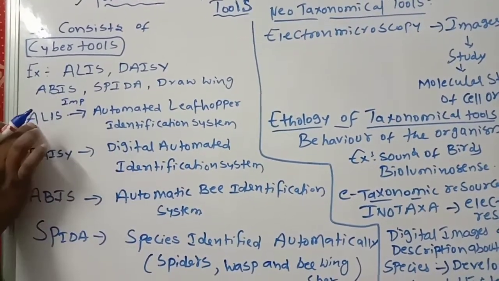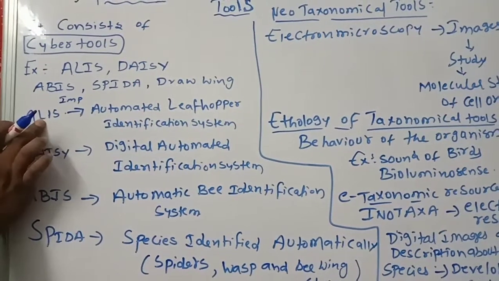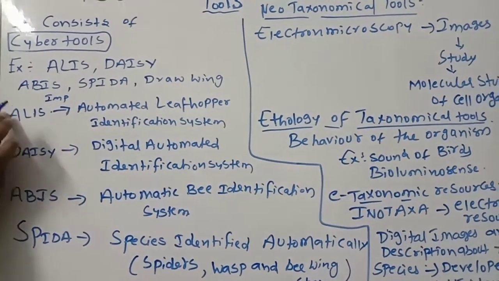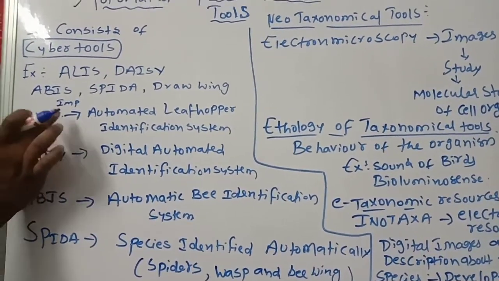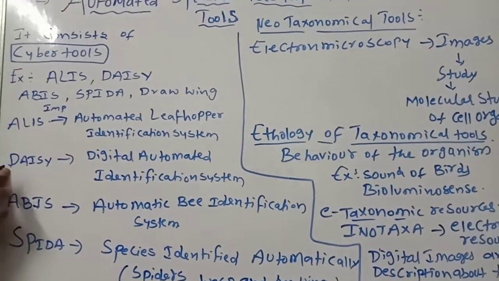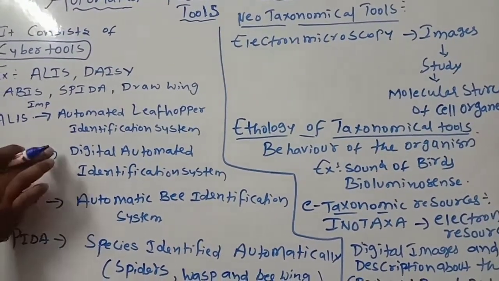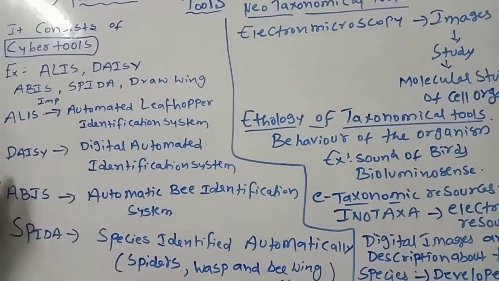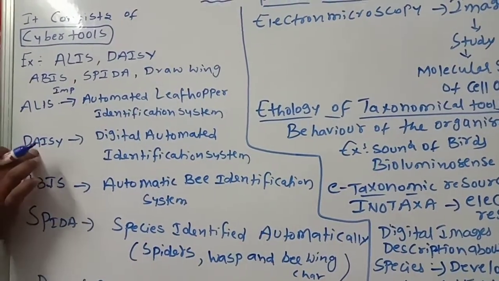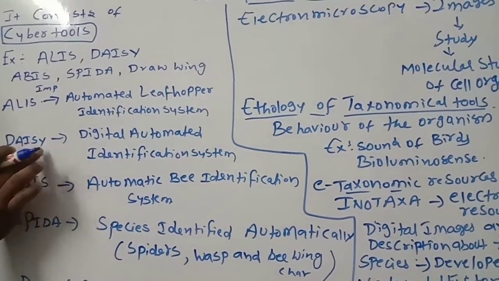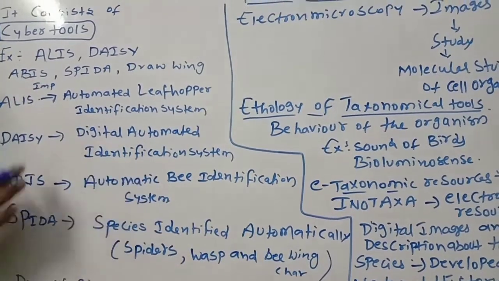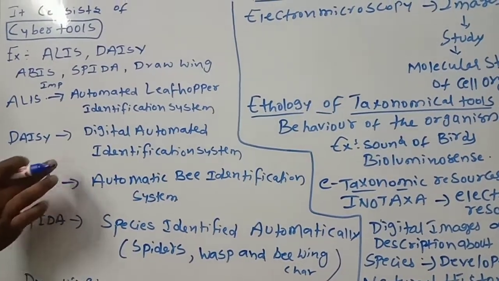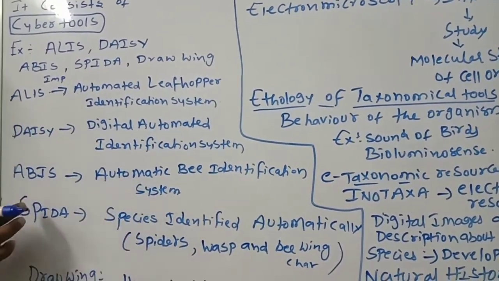DAISY: Digital Automated Identification System. ABIS: Automatic Bee Identification System.